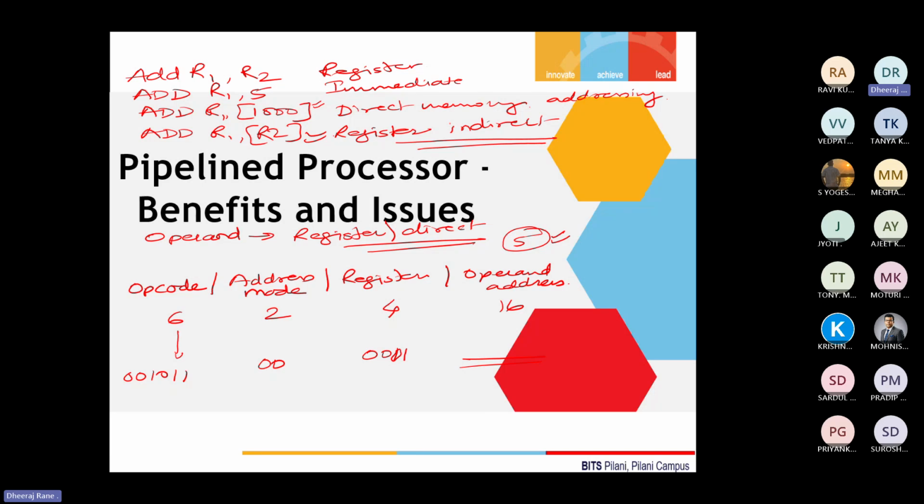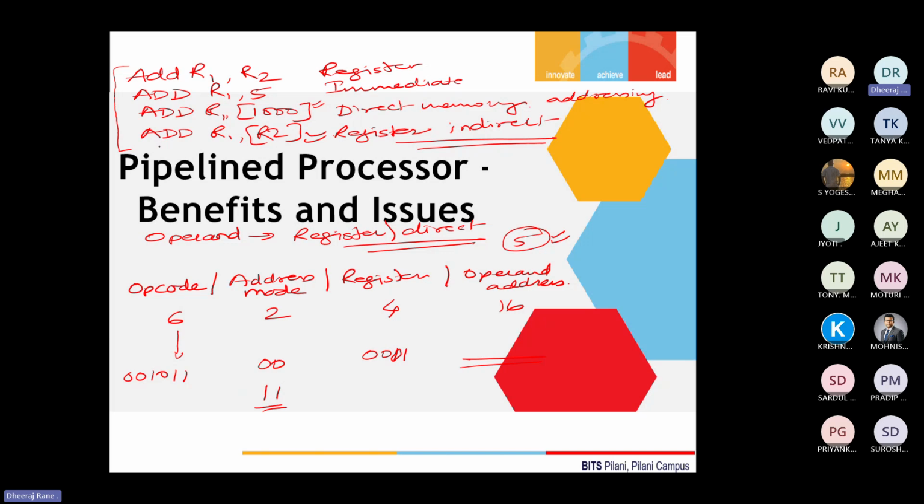On the other hand, for register indirect, you may say the addressing mode is 11. Supposedly there are 4 different addressing modes that can be chosen at any time, or the maximum number of addressing modes corresponding to any instruction is 4.